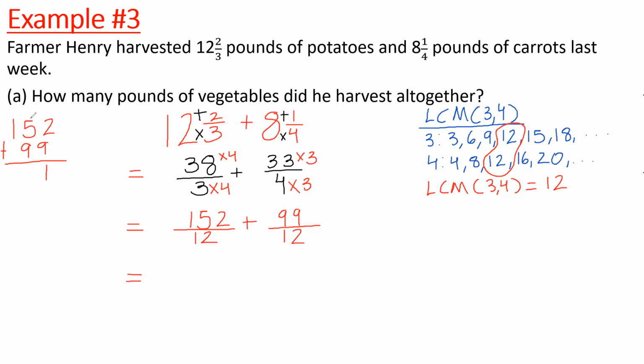Put the 1 down, put the 1 up. 9 plus 1 is 10, plus 5 is 15. Put the 5 down, put the 1 up. 1 plus 1 is 2.